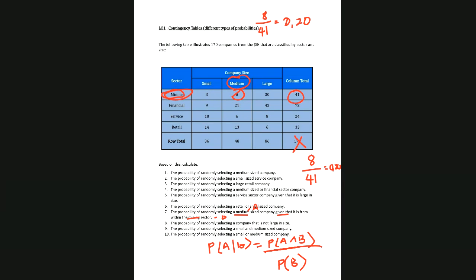And then number 8 says, what is the probability of randomly selecting a company that is not large in size? Okay, so I'll just give you a second again in case you're taking down anything, and I'll clear the screen.